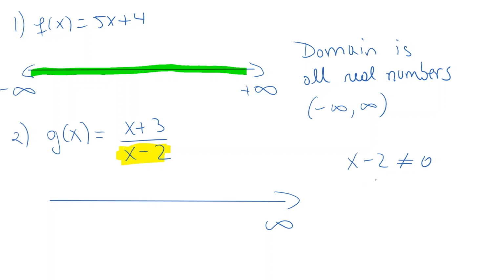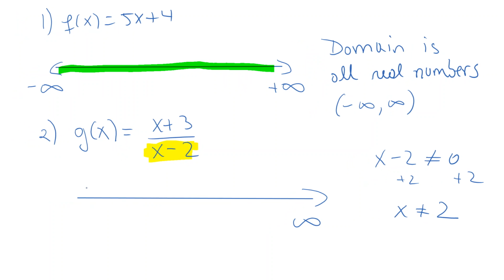If I add 2 to both sides, I get that x cannot be equal to 2. So let's say that 2 is here. So it can't be 2. 2 is not going to be part of the domain of g.